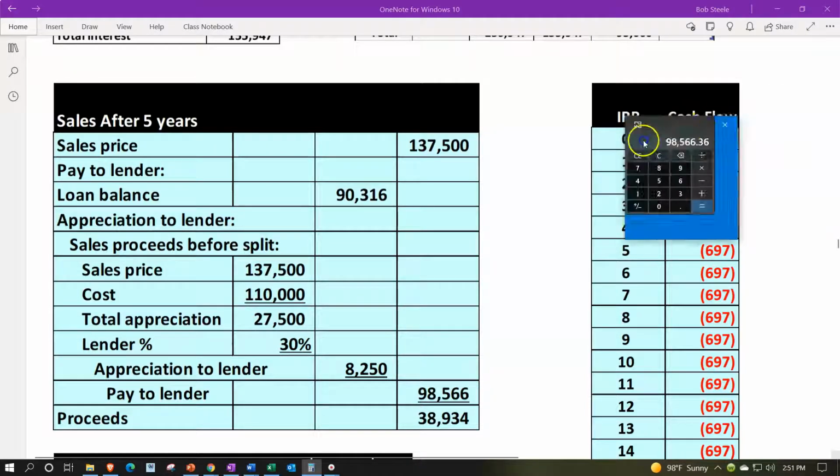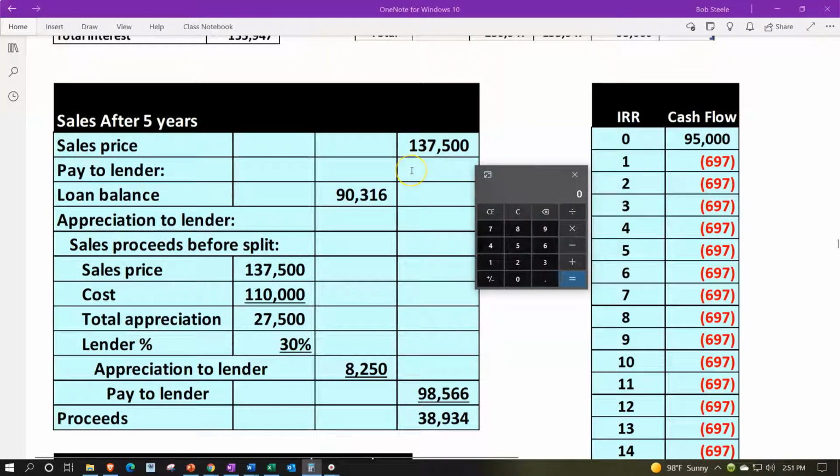If we then take 30% of that going to the lender, because they're sharing our appreciation, we get to the $8,250. So now we have to pay back the loan at that point, $90,316 if we sell it, plus we'd have to be paying off the $8,250.